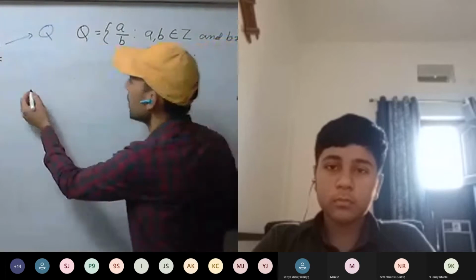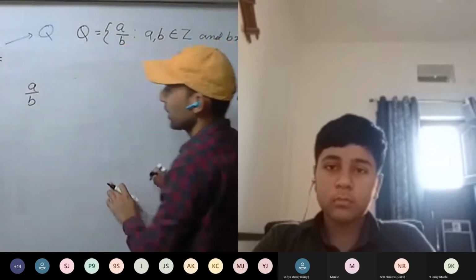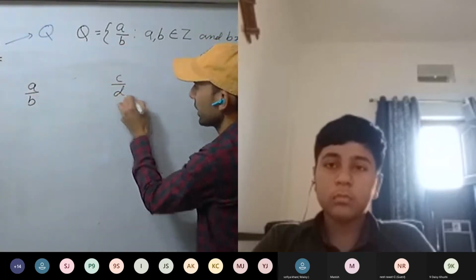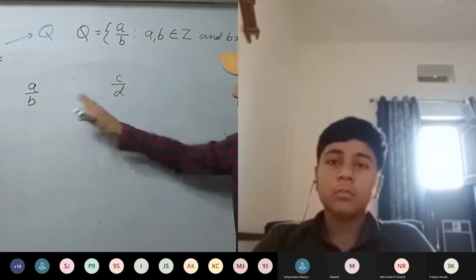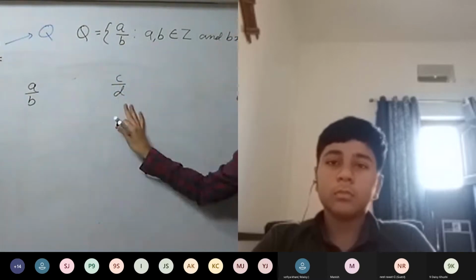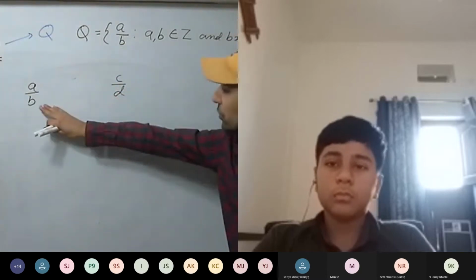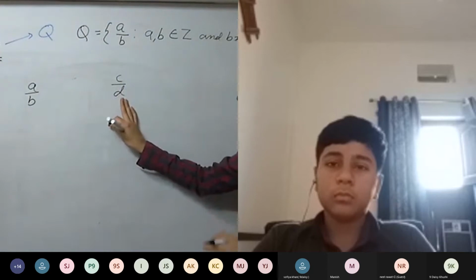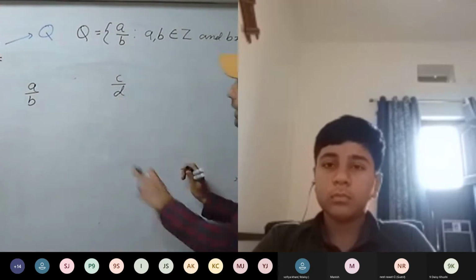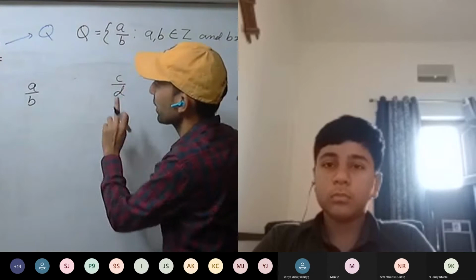Now, for example, A by B is one rational number, and the other rational number is C by D. These are two rational numbers. Now, if they are equal or equivalent rational numbers, then how can it be proved?